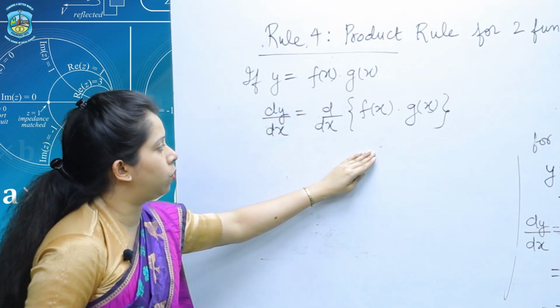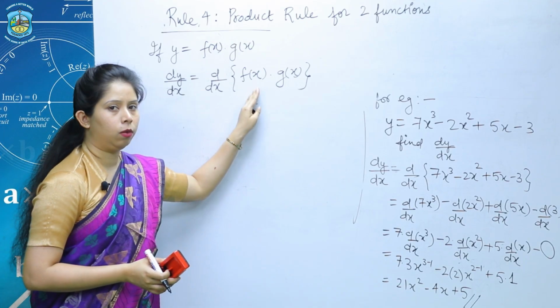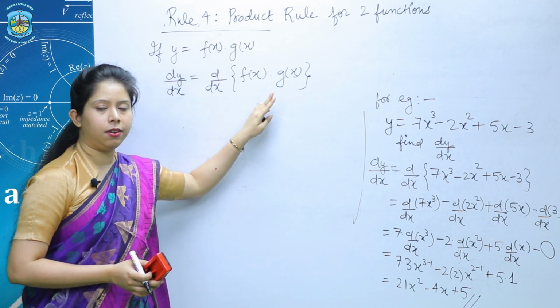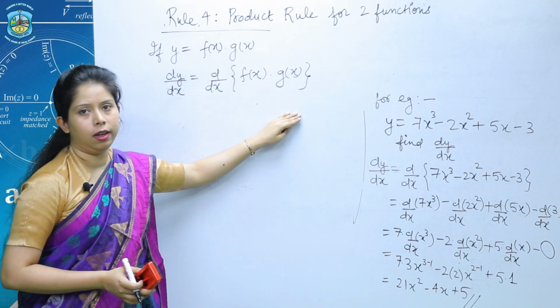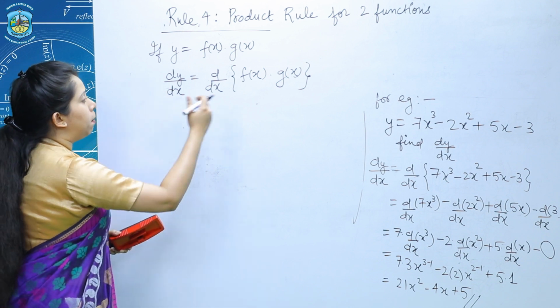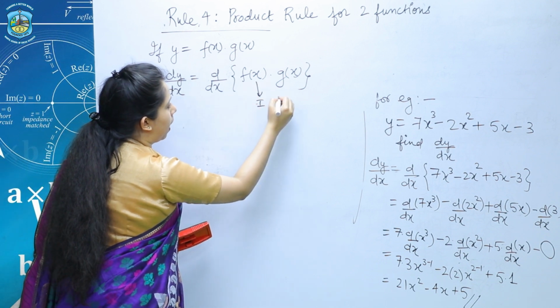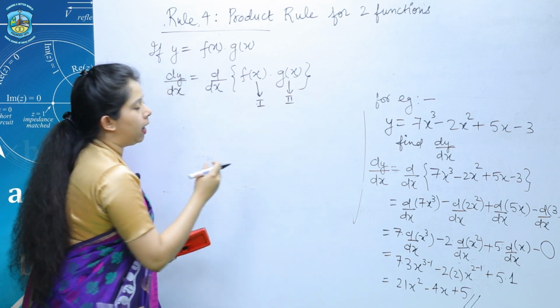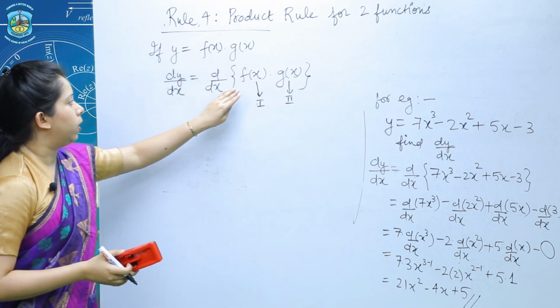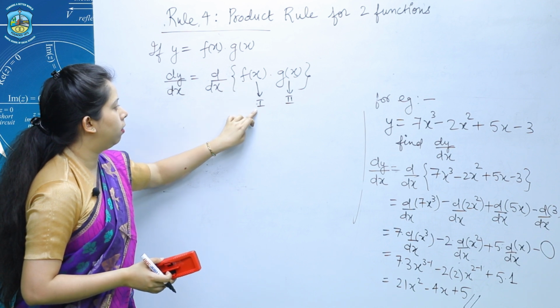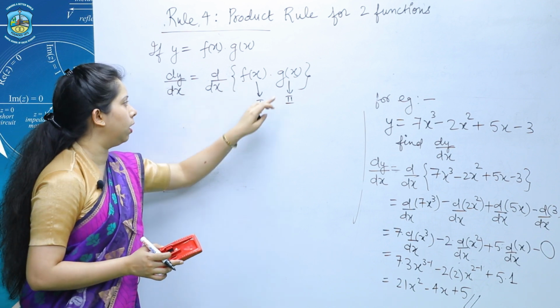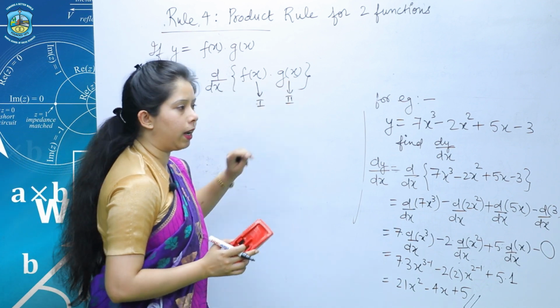Now according to this rule, we will have to consider one as the first function and the other one as the second function. It is immaterial, it is up to you. You can select any of them as the first function and the remaining one as the second function. In this particular case, I am considering f of x as the first function and g of x as the second function.